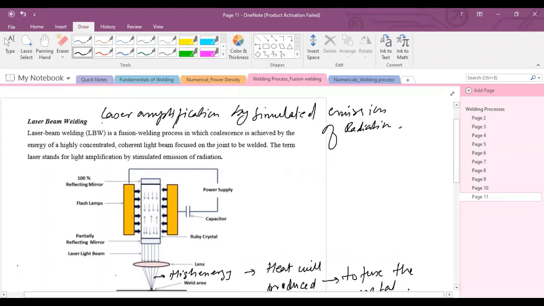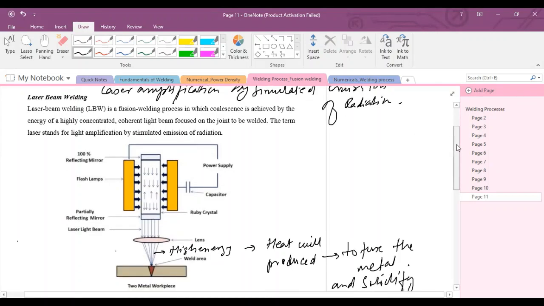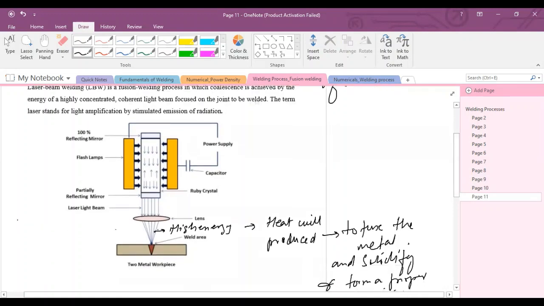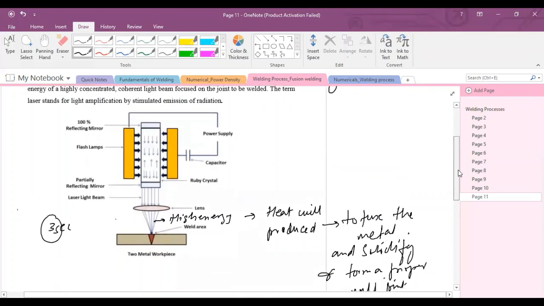Laser is a monochromatic coherent light which strikes the weld cavity between the two plates or metal pieces. Due to this laser beam, these two metals will be melted, and after some time, only 3 seconds will be required to solidify the weld joint.